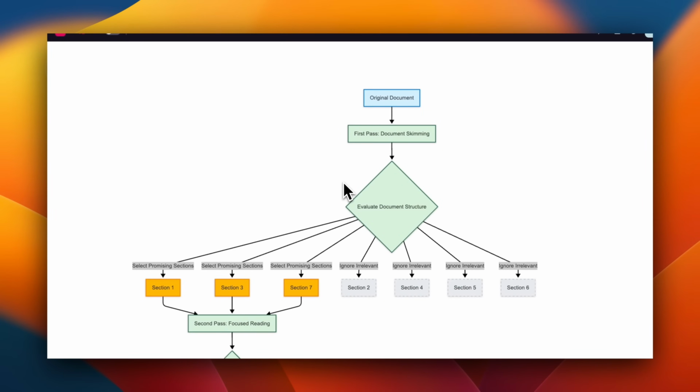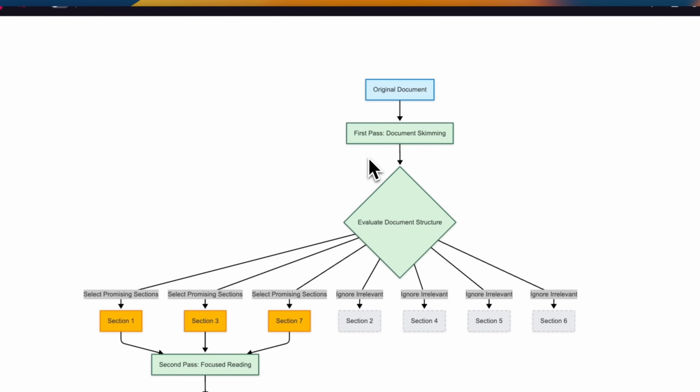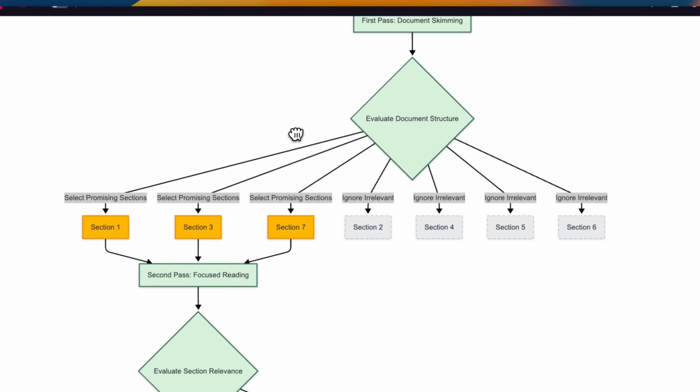Here is how the approach works at a very high level. So you take your document, then we have the first pass, which is skimming through the document. So the idea is we want to look at the structure of the document, divide it into manageable subsections, let's say chapters, and identify which chapters are relevant to our user query and which are not.